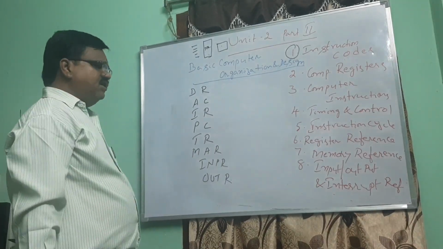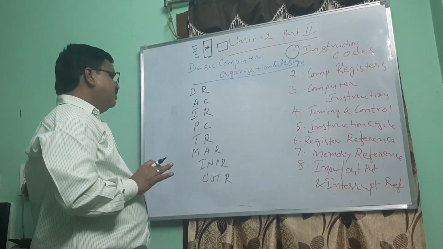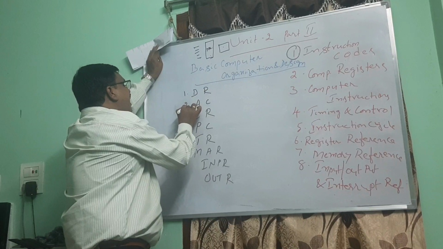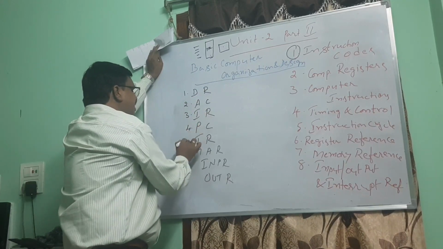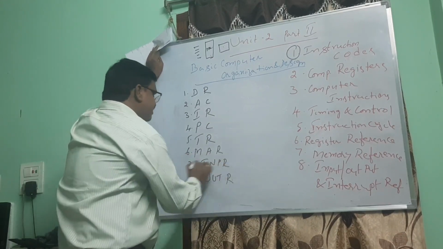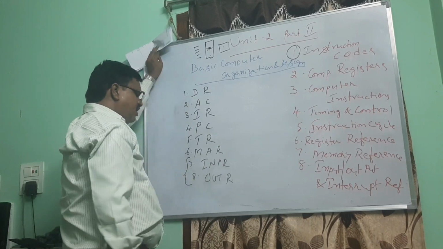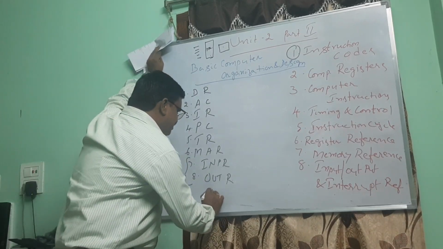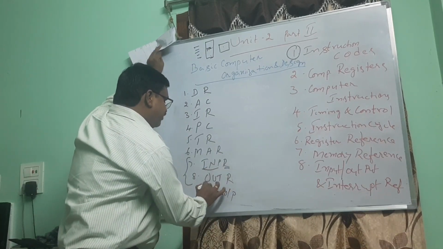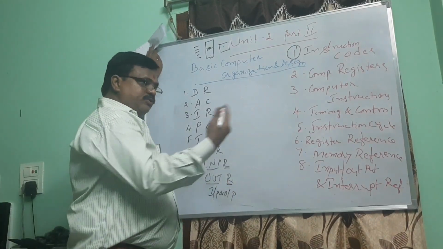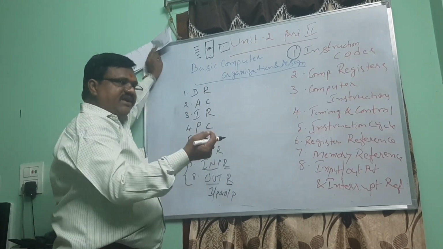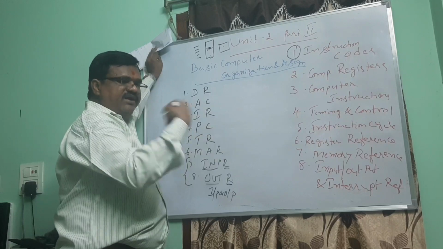We are discussing a general basic computer. So there are totally 8 registers used here. Out of these 8, the last two, 7 and 8, are called input and output registers. The name itself tells you: they are used to feed the data, store the data and read the data.